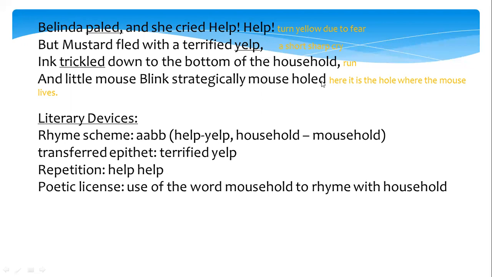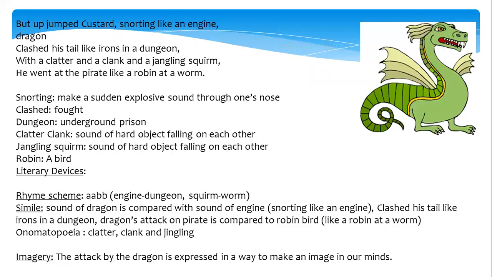When all of them saw the pirate, they got frightened. Belinda was so frightened that she turned pale due to fear and started crying for help. Mustard the dog started crying for help too. The kitten Ink ran down towards the bottom of the house as if he had already planned for it. The mouse ran into his little mouse hole in order to save himself.